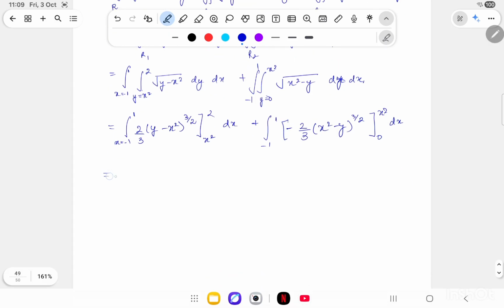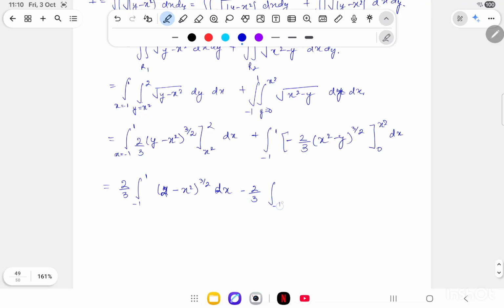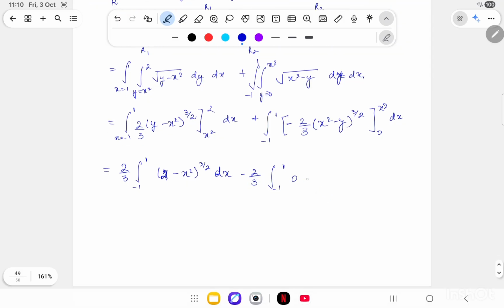We can pull out 2 by 3 from the integration sign, so it will be the integration from -1 to 1 of 2 minus x square raised to 3 by 2, minus x square minus x square, which is 0, dx, plus, pulling out minus 2 by 3, the integration from -1 to 1 of 0 minus x square raised to 3 by 2, dx.